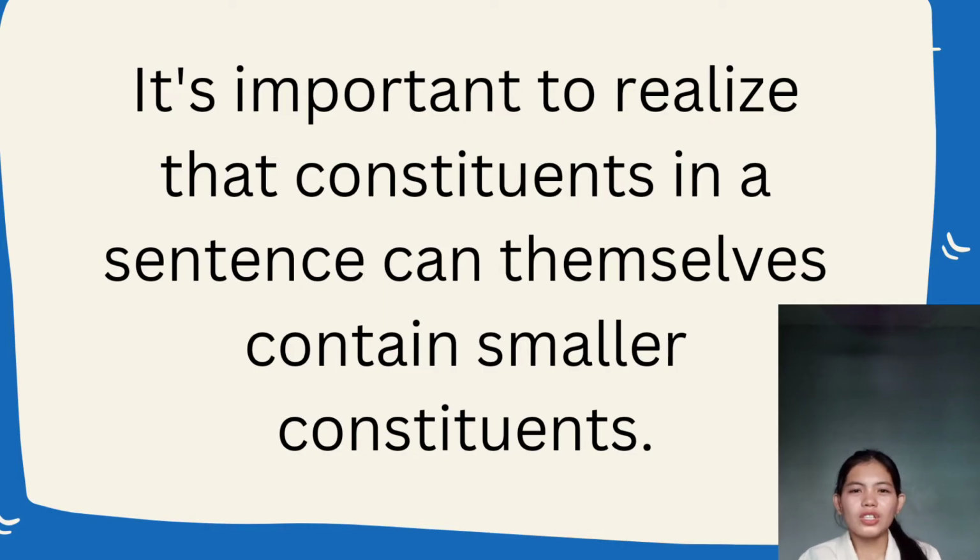So what we see from this is that the rules of syntax are sensitive to the structure of sentences, whereby structure we mean that words form groups that are typically called, in the syntactic literature, constituents. So it's important to realize that constituents in a sentence can themselves contain smaller constituents.